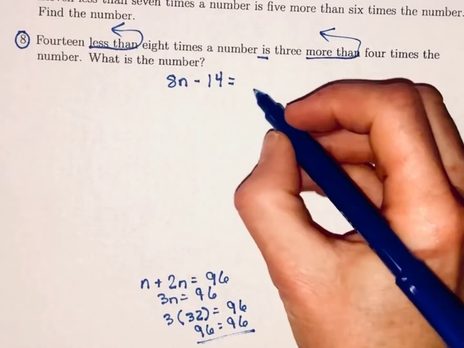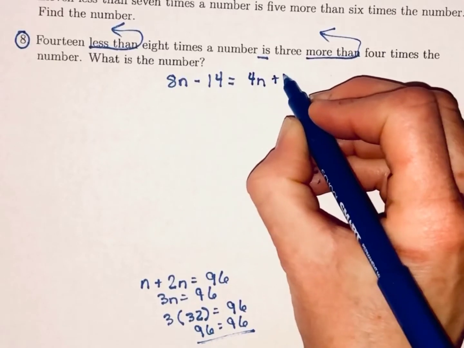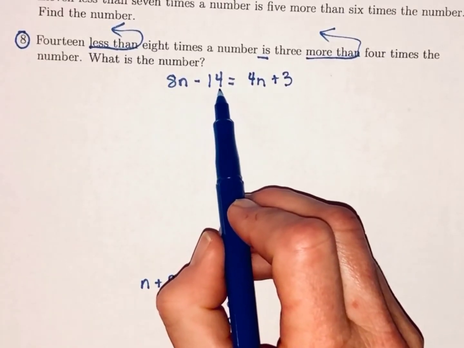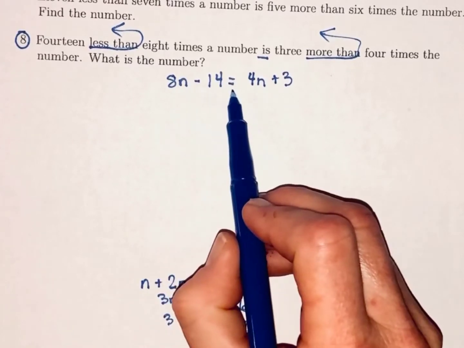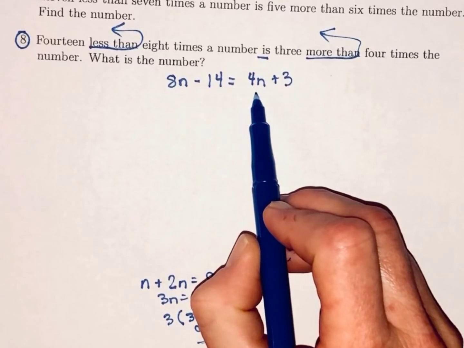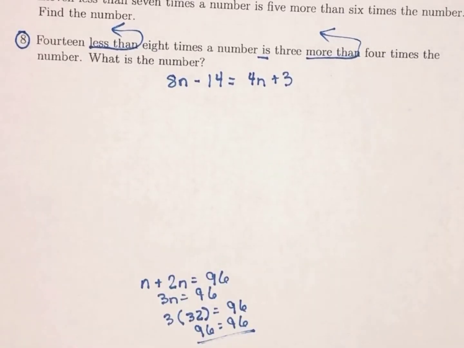So 4 times the number plus 3. So 8n minus 14 equals 4n plus 3.